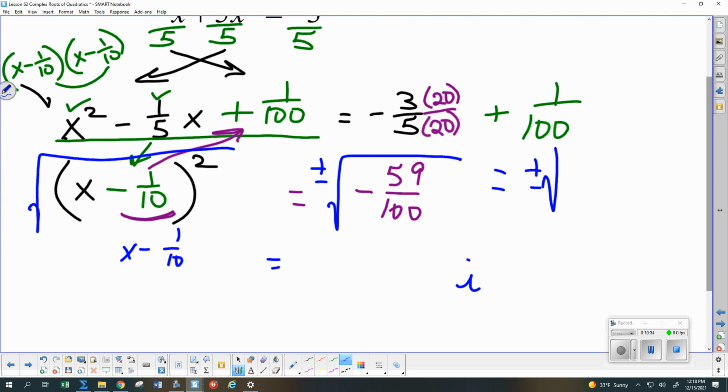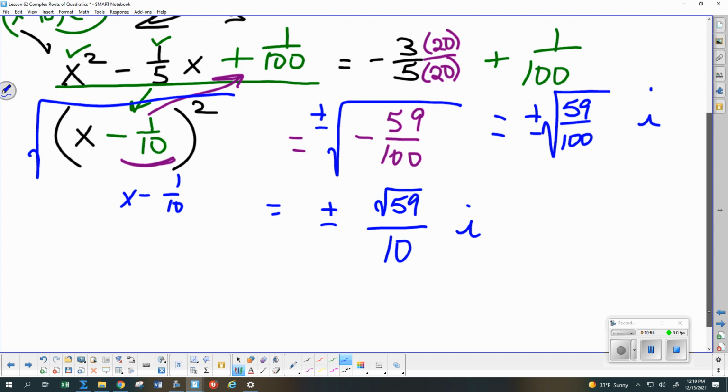So it's going to be the square root of 59 over 100 times I, but the square root of a fraction is the square root of the numerator over the square root of the denominator, so just the 10. I don't want to forget my plus and minus in front there.